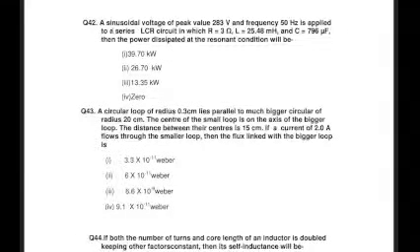Question number 42. A sinusoidal voltage of peak value 283 V and frequency 50 Hz is applied to a series LCR circuit in which R is equal to 3 ohm, L is equal to 25.48 mH and C is equal to 796 μF.